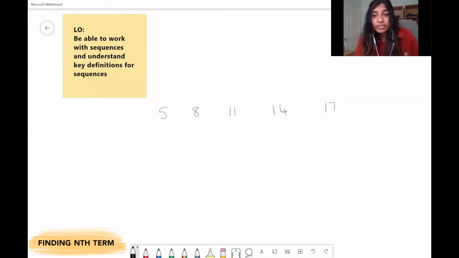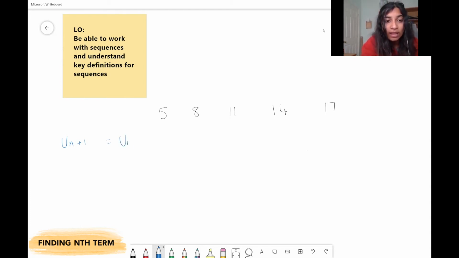Another notation you need to know for sequences is recurrence relationships. A recurrence relationship is when you want to find the n plus 1 term of the sequence using the nth term of your sequence. For example, how to get to 8 from 5, or to 11 from 8.